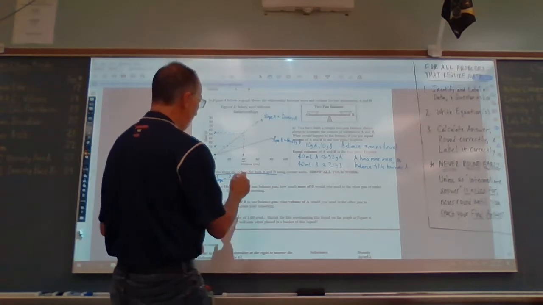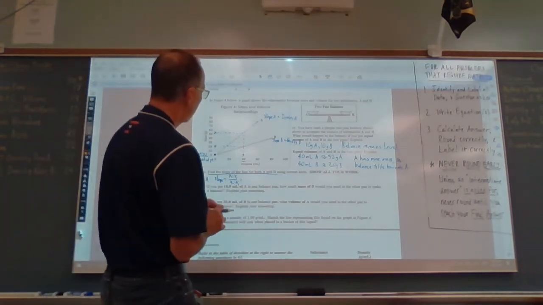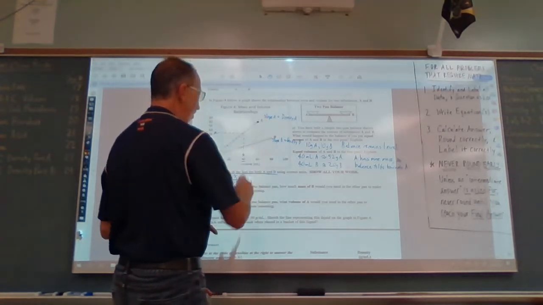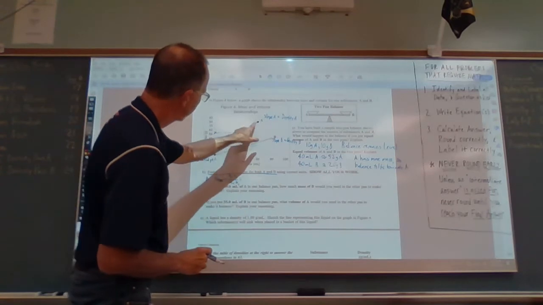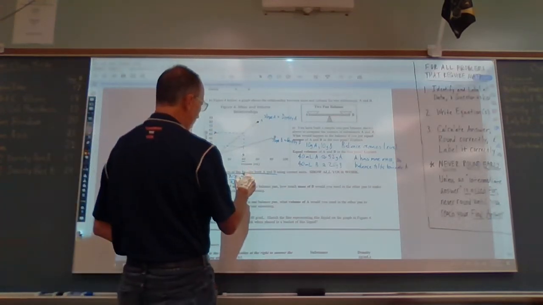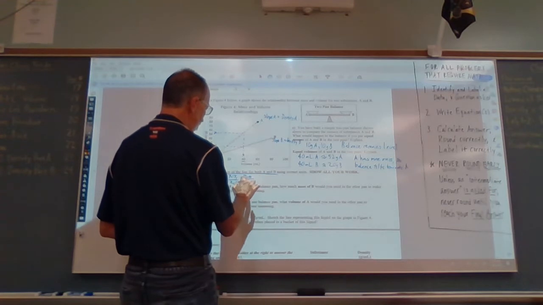So let's find a point on the graph for A. Well, this one here is pretty easy to tell. I'm just going to grab this point right here because it's obviously on 80 and 60. So y would be 80 minus 0 technically, or just 80 over 60.